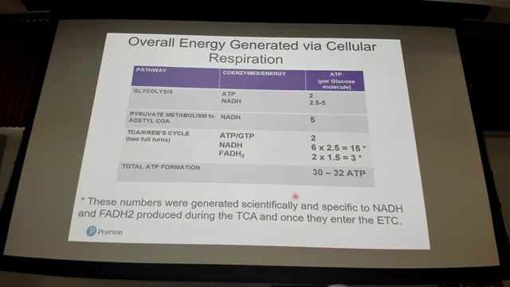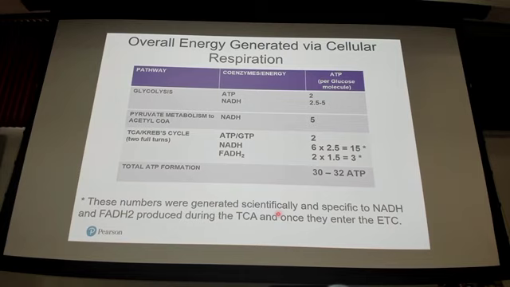All right, so for pyruvate metabolism to acetyl-CoA, if it's aerobic respiration, which it will be, of course, it's going to produce 5 ATP, and then in the Krebs cycle, we get 2 GTP that's converted to ATP, and then 6 NADH and 2 FADH2, which would equal 15 and 3 ATP molecules respectively.